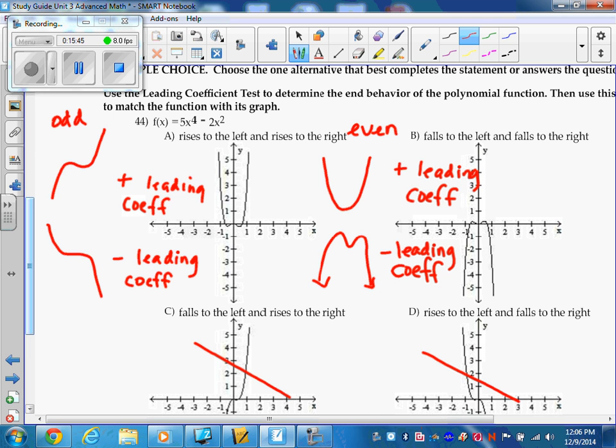The only two it could be are choices A and B. It's not going to be B because this one starts down and ends down, so that would be a negative leading coefficient. So it is going to be choice A, and you can graph this one. Use your graphing calculator to finish that up.